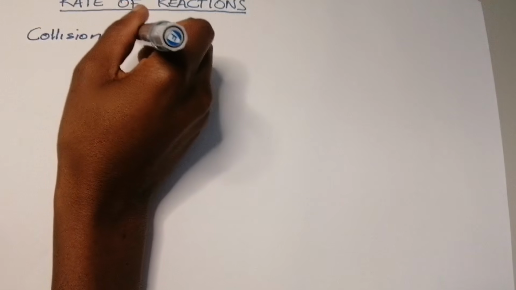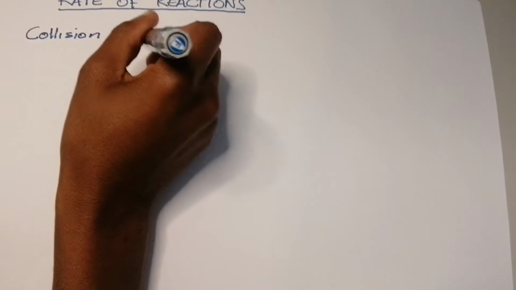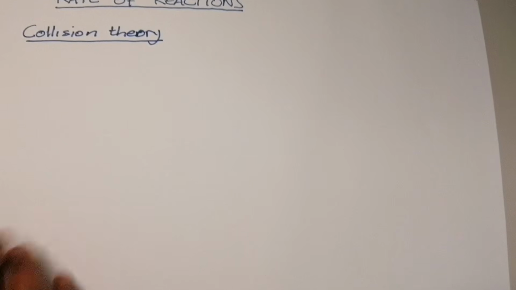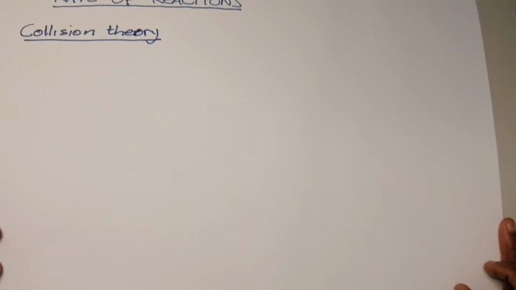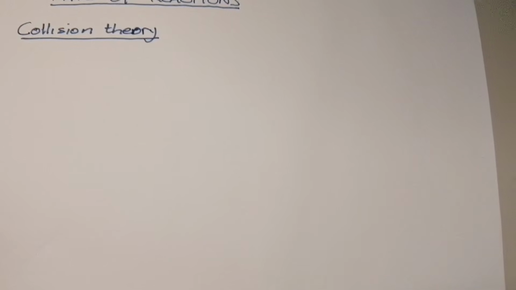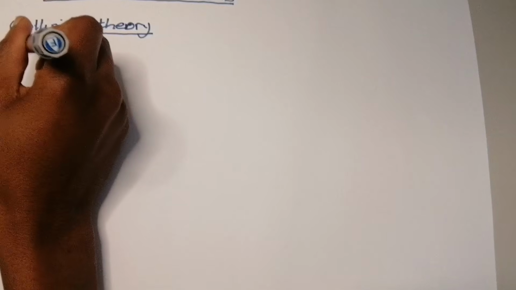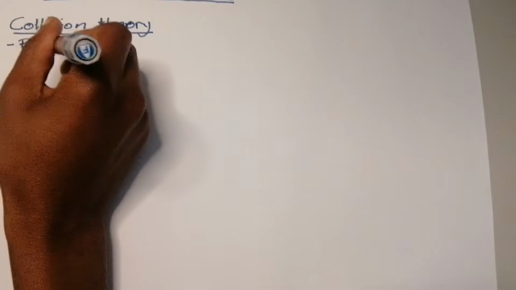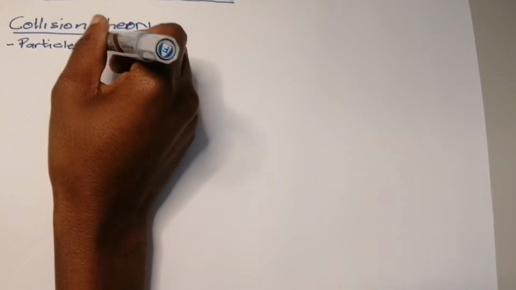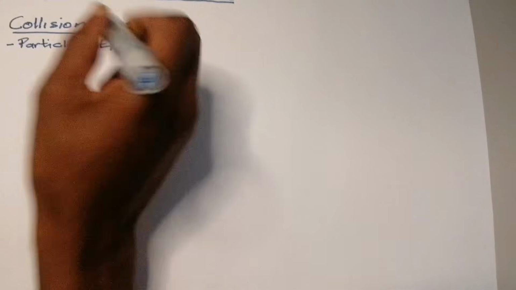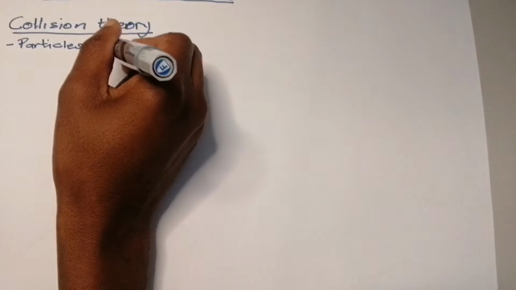So the collision theory simply tells us that in order for any reaction to take place successfully, there's a requirement. First of all, particles must have sufficient kinetic energy. What do we mean by sufficient kinetic energy?